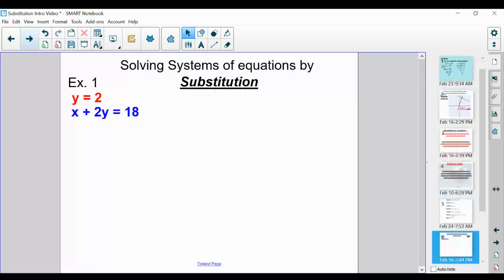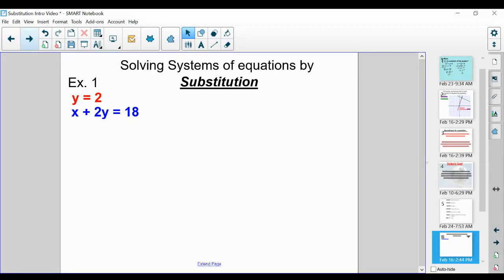Let's go through some examples. Example number 1. We have y = 2 and x + 2y = 18. Looking at the 7 steps, the first one is isolate if necessary. We need to get a variable all by itself on one side of the equal sign. That way we can substitute it into the other equation.